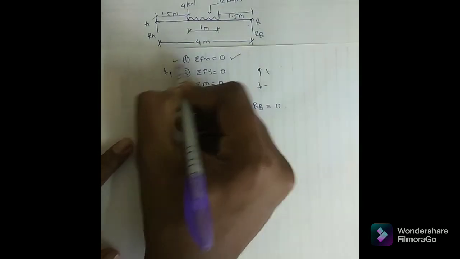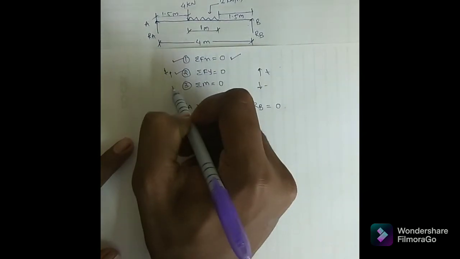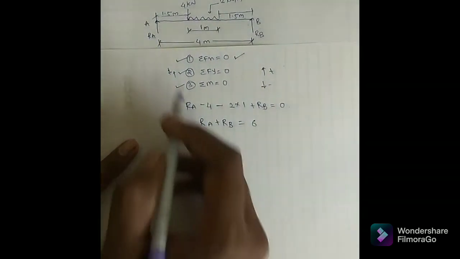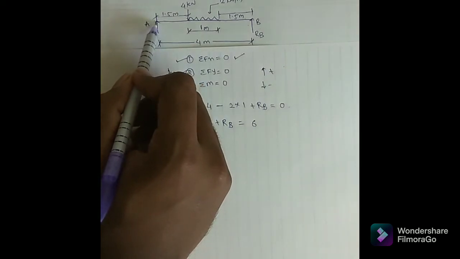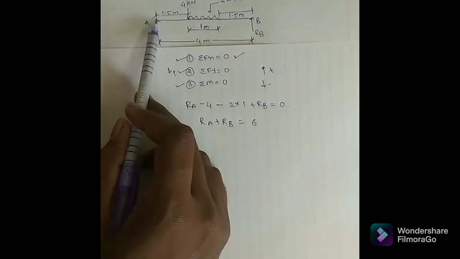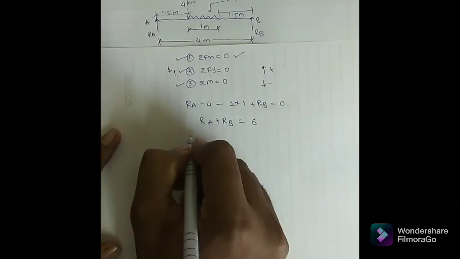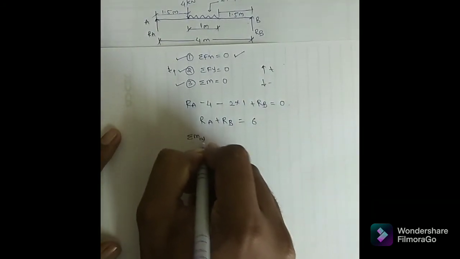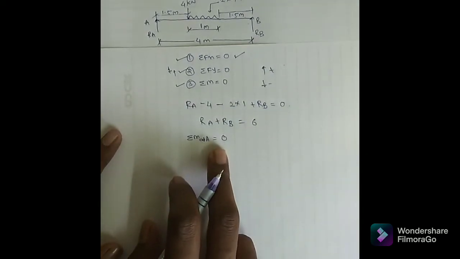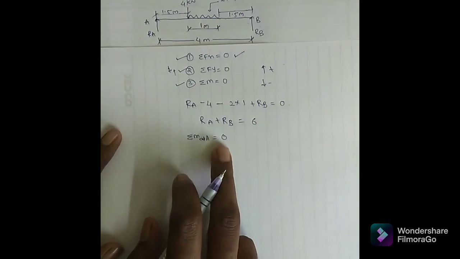Now we have applied the first principle, second principle, and now we will apply the third one. So we will take the moment at any section. I will take it at point A. The theorem says at any point if you take the moment, because of equilibrium the answer will be 0.